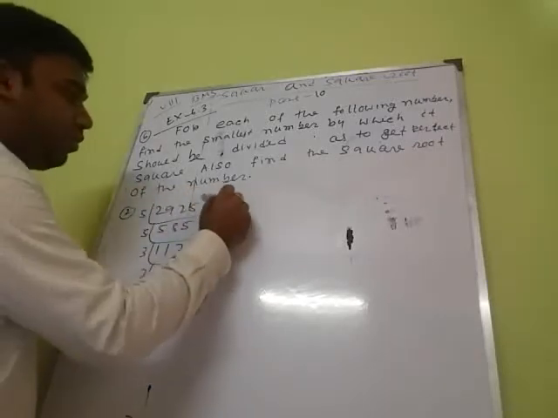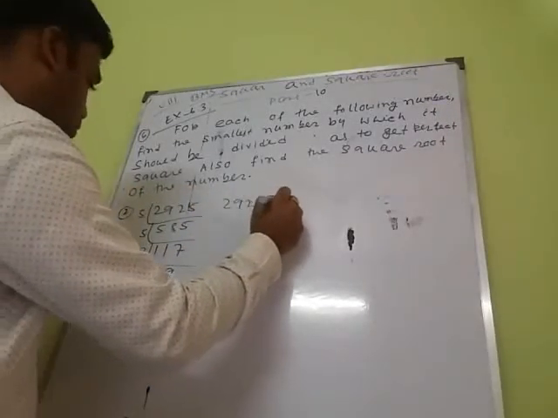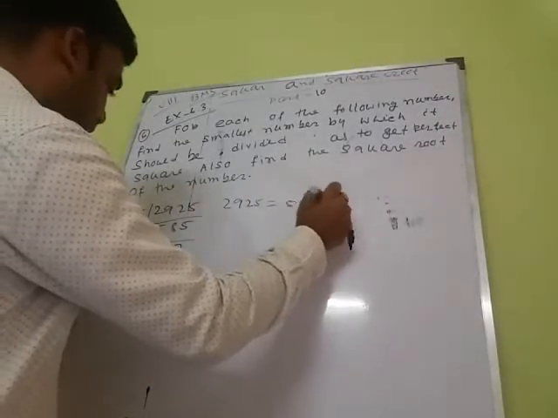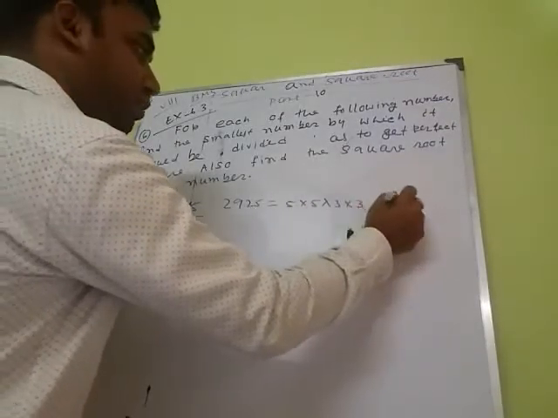So 2925 equals 5 into 5 into 3 into 3 into 13.